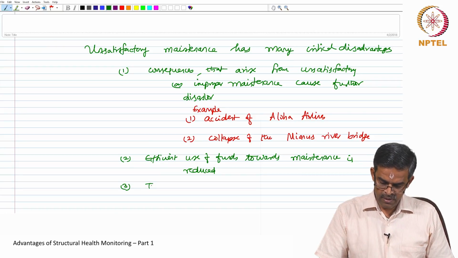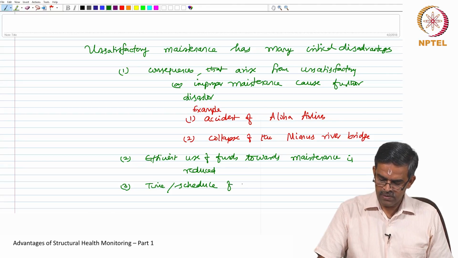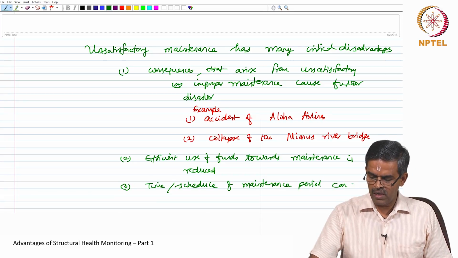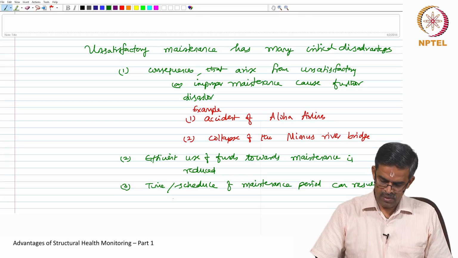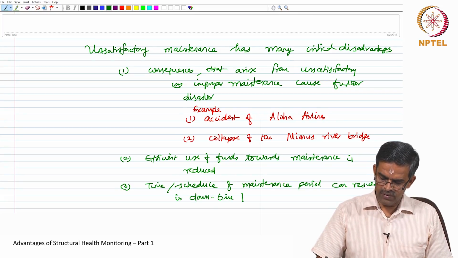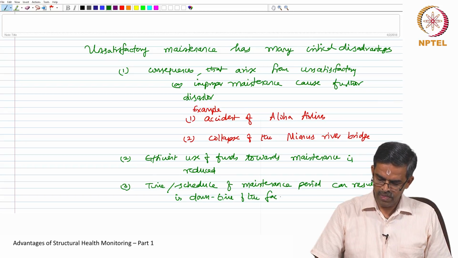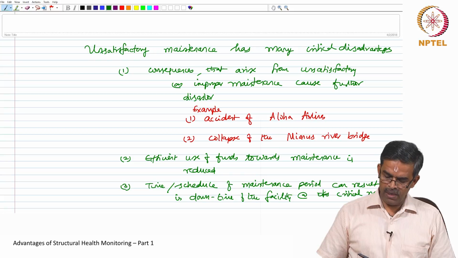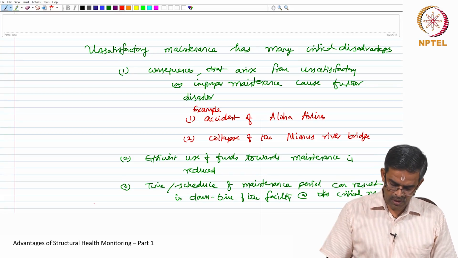Third, the time and schedule of maintenance can result in downtime of the facility at its critical need. An example can be dockyards.